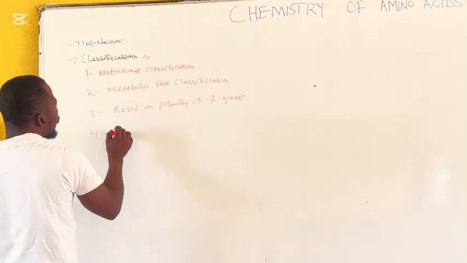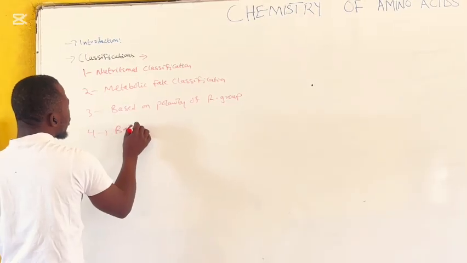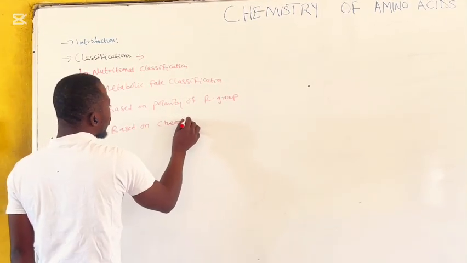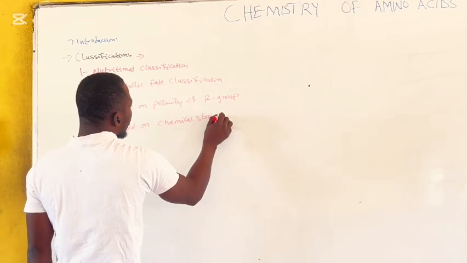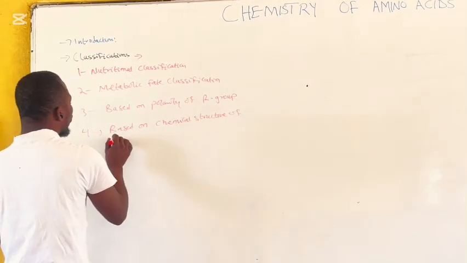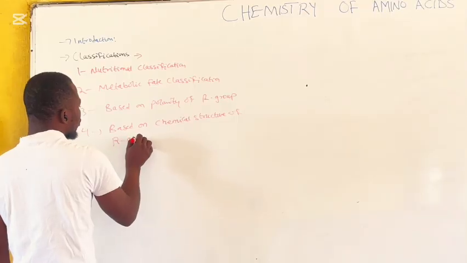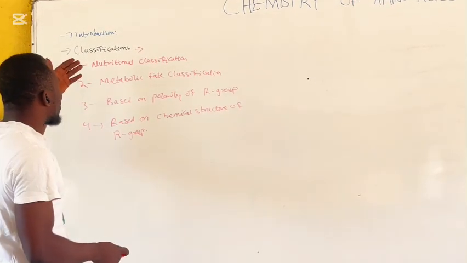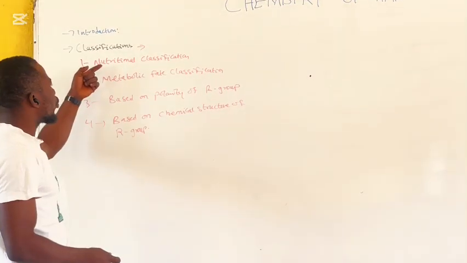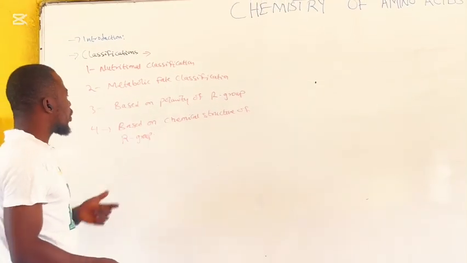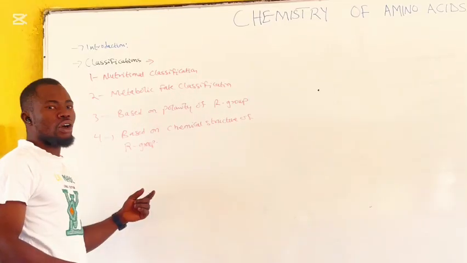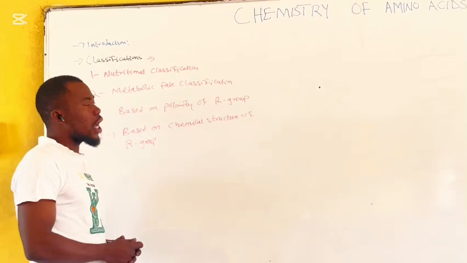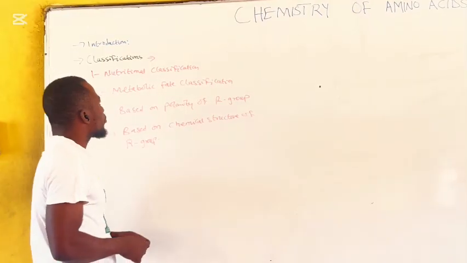And 4, based on chemical structure of R group. These are the 4 major criteria by which amino acids are classified. Let's take it one by one.